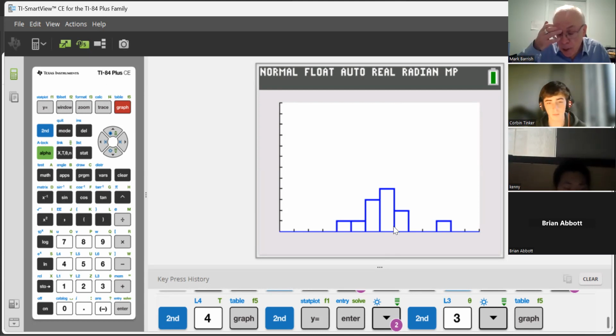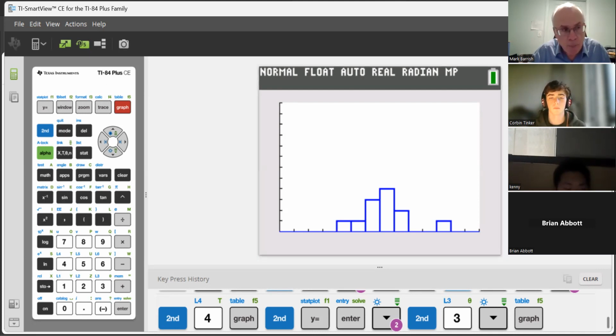So this little experiment that we did sort of confirms the things that I talked about in class last time. No matter what the shape of the population is, as the sample size increases, the sampling distribution will look more and more normal. The mean of the sampling distribution will be approximately equal to the mean of the population.